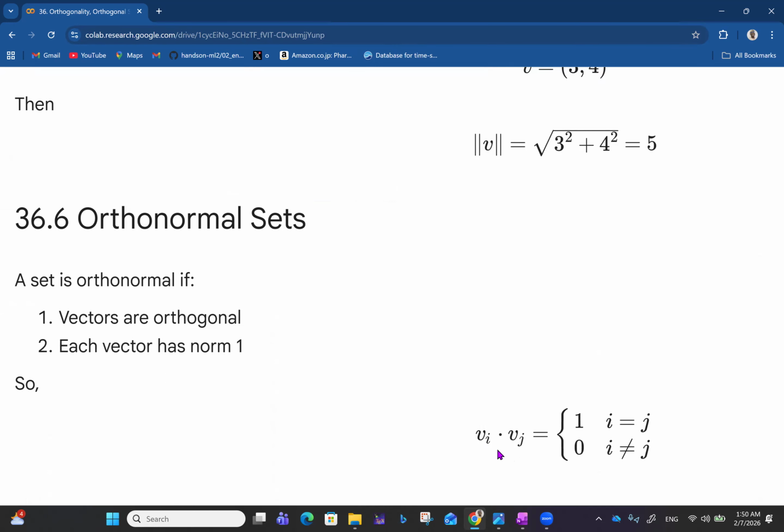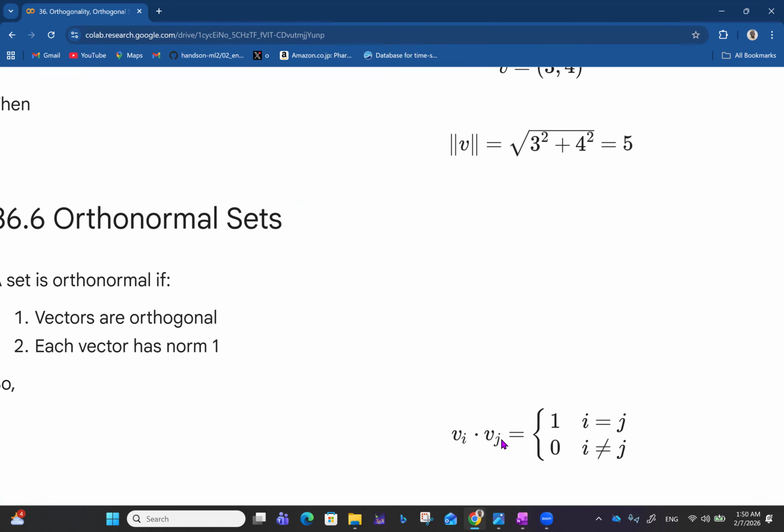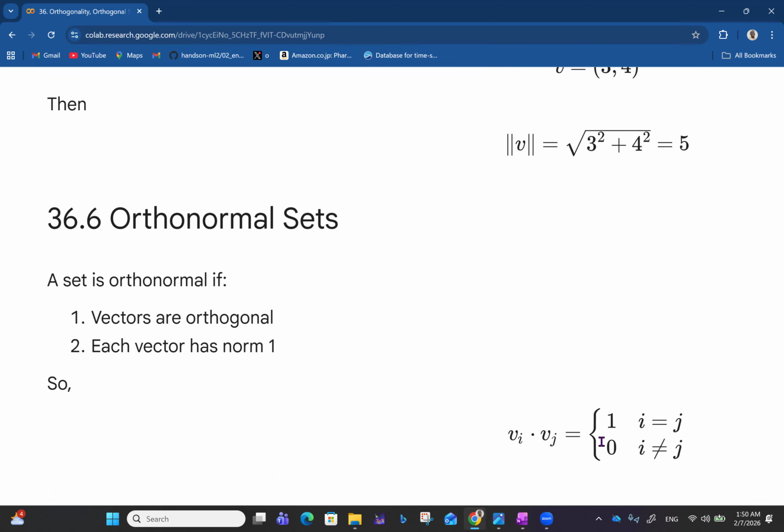But if they are different, they are orthogonal, so you get 0. Operate the vector on itself, you get 1. Operate it on another vector, it's orthogonal. In that case, you have orthonormality.